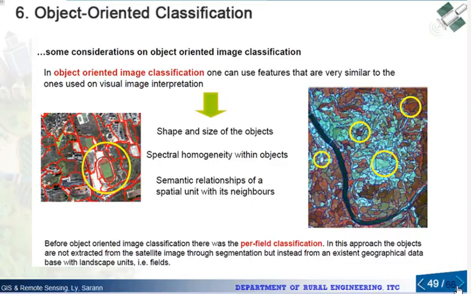In this approach, the objects are not extracted from the satellite image through segmentation, but instead from the extent of a geographical database with the landscape unit, for example, the field.